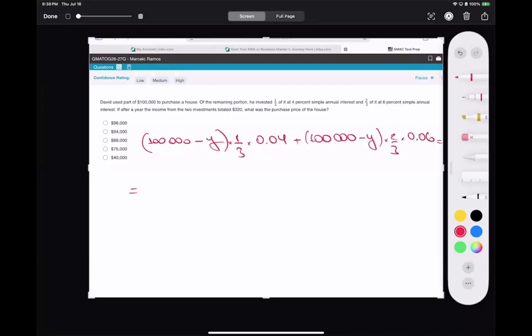Is that okay? I will put 100,000 minus y in evidence. So it will be 1/3 times 0.04 plus 2/3 times 0.06.